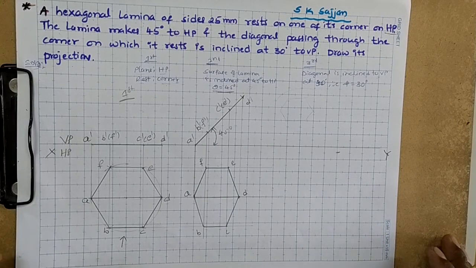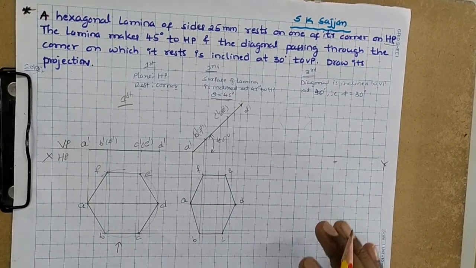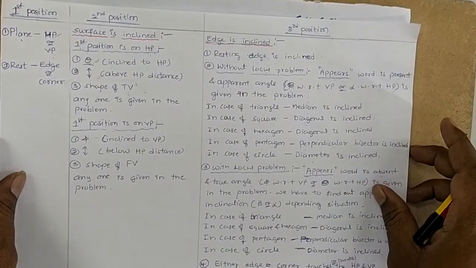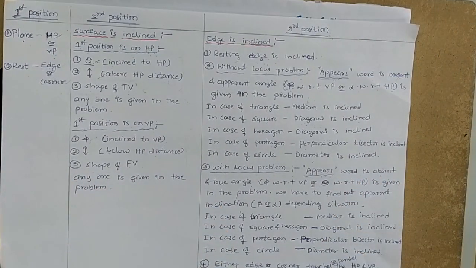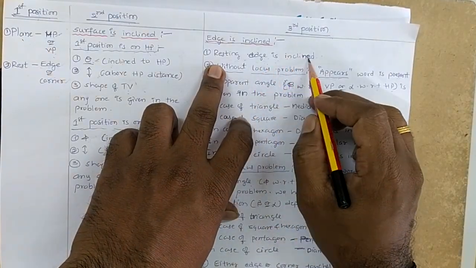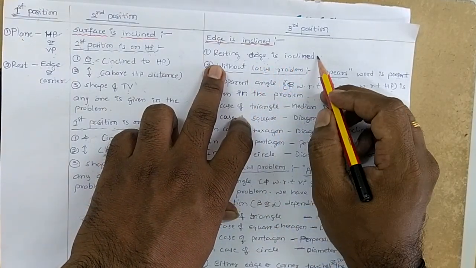First we need to find out whether the given angle is a true angle or an apparent angle. I already told you, it is very simple in this table. For the third position, we have to check what data are given. Is the resting edge inclined? It is not given.